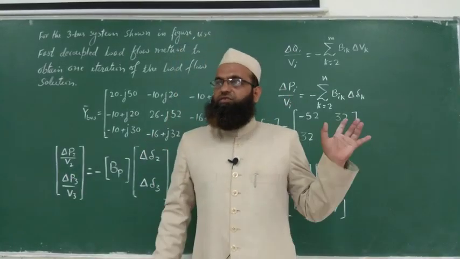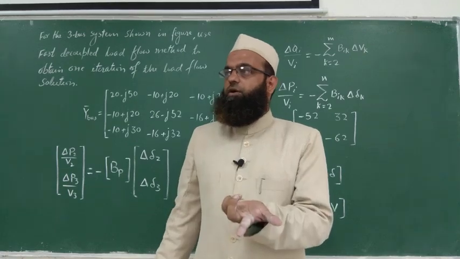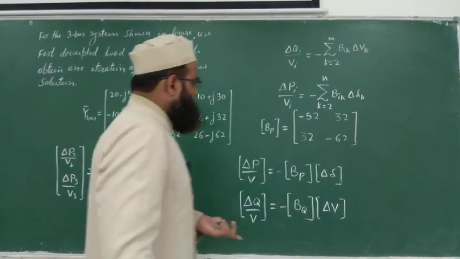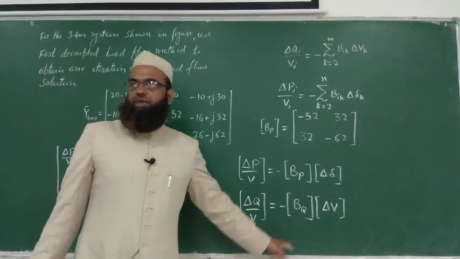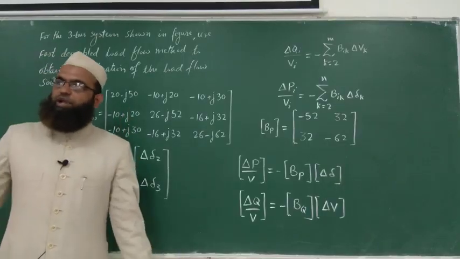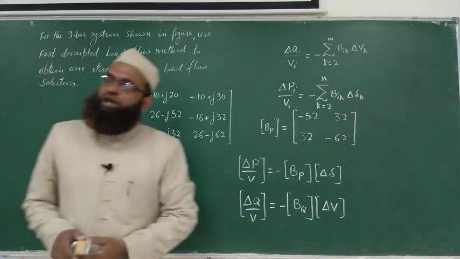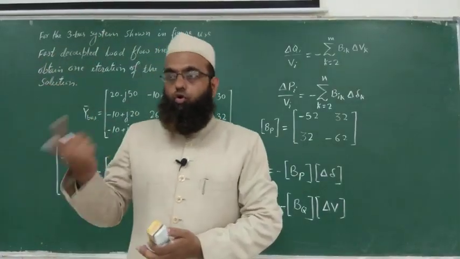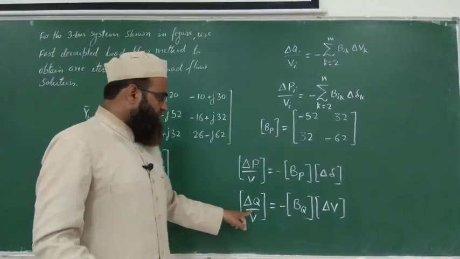So for our system M is 2 itself, so the order will be 1 by 1. So from this matrix itself, Y bus, you may write this matrix. How? Here again you will ignore the first row and first column corresponding to the slack bus, and again you will ignore the rows and columns corresponding to PV buses, because you are going to write for PQ buses.